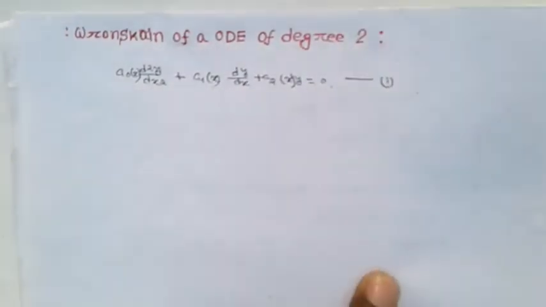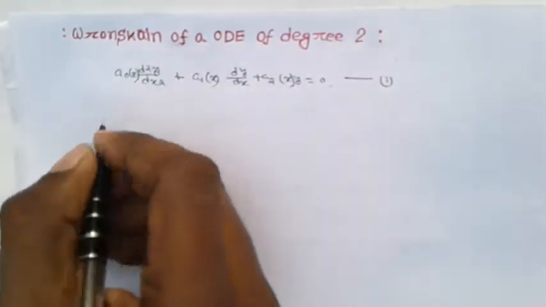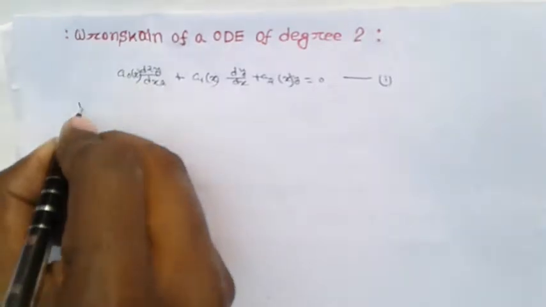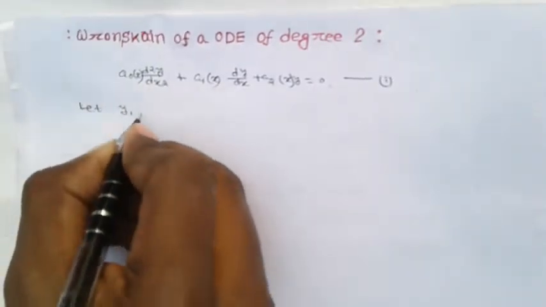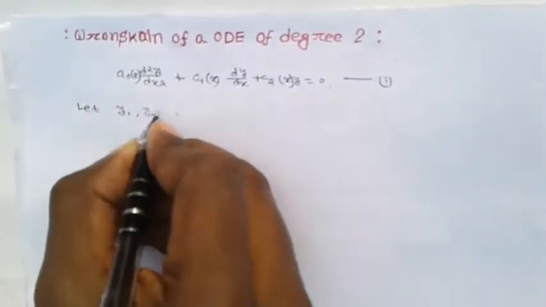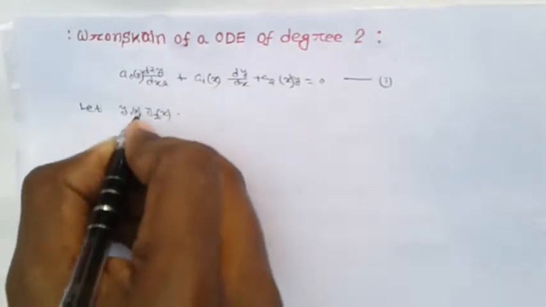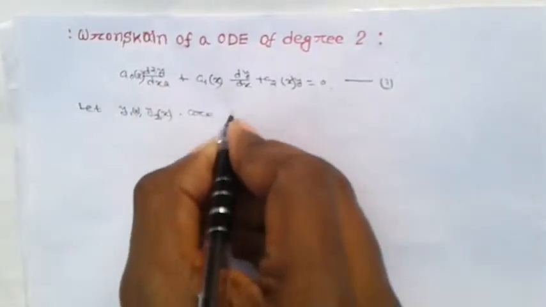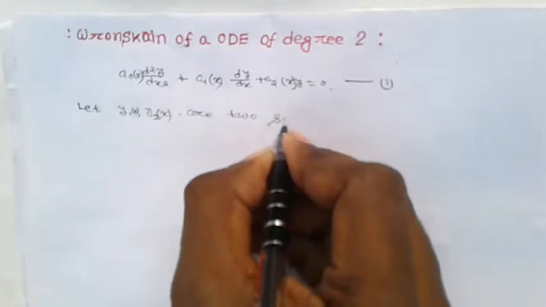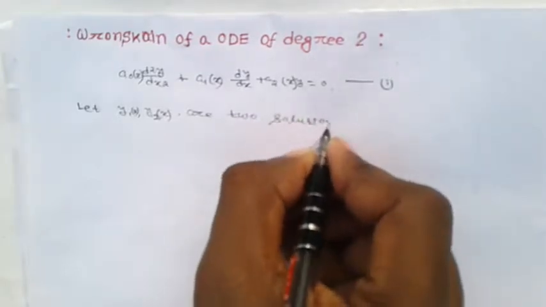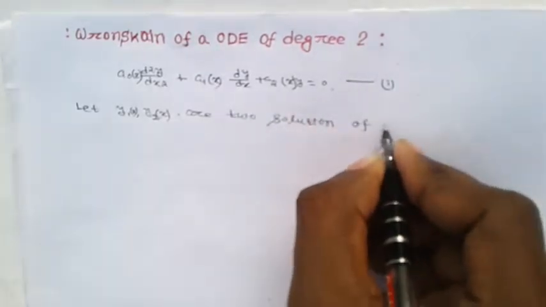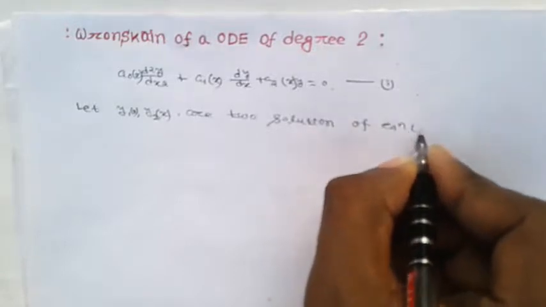This is a homogeneous ODE. Now let y1(x) and y2(x) be two solutions of equation 1.